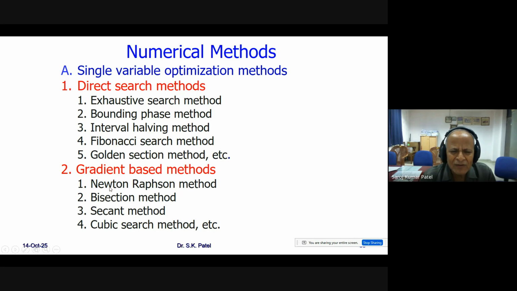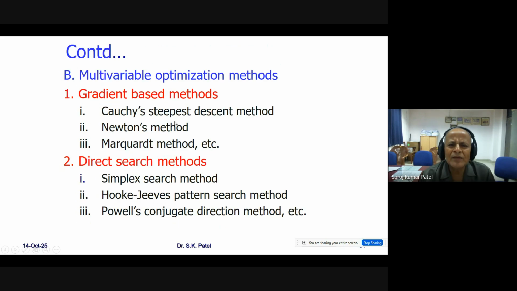Gradient based methods, we have Newton-Raphson method. This will give you a point estimate, one value. Then bisection method, second method, and cubic search method. These will give you an interval estimate, a range of values. Then in multivariable optimization methods, also these are classified into 2 categories: gradient based methods that deal with derivatives.